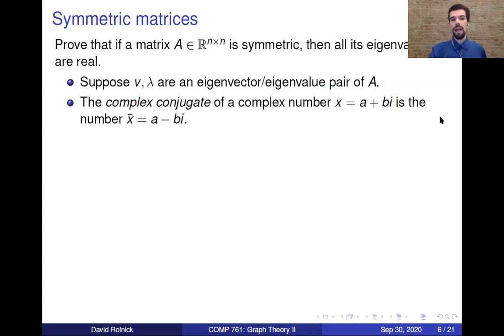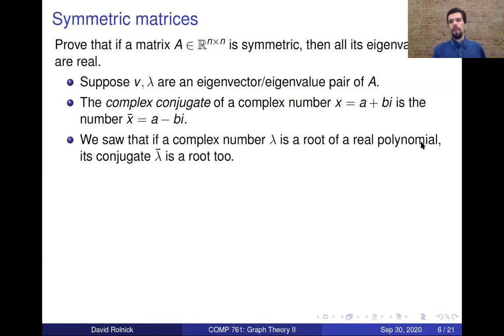Now, to do that, we're going to have to look at this notion of a complex conjugate. A complex conjugate is just, if you have a complex number a plus bi, then the conjugate is just a minus bi. And if you recall, we had that if a complex number is a root of a real polynomial, then its conjugate is also a root of that polynomial.